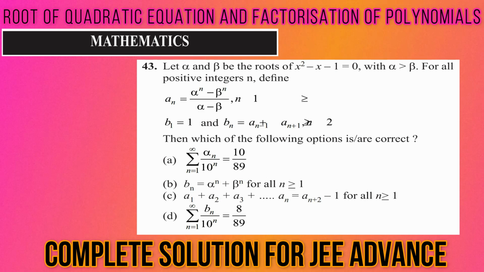Four options are given. The first option says the summation for n running from 1 to infinity of an upon 10 raised to n is equal to 10 by 89.